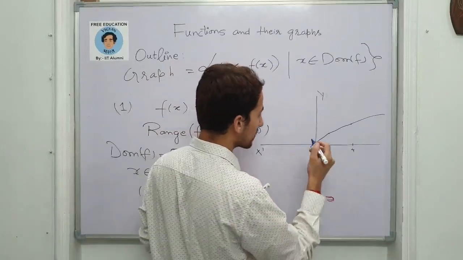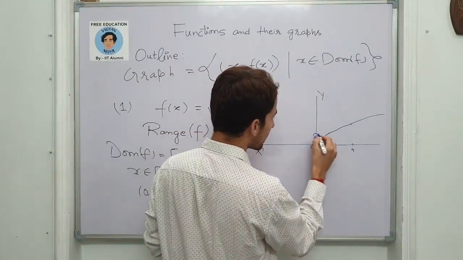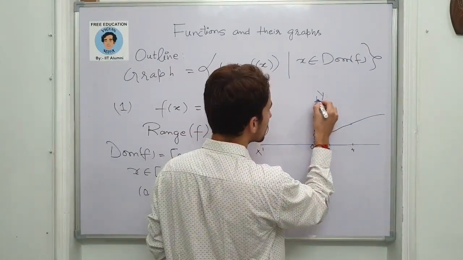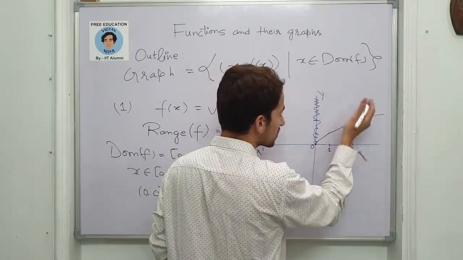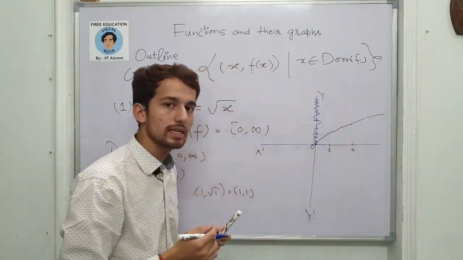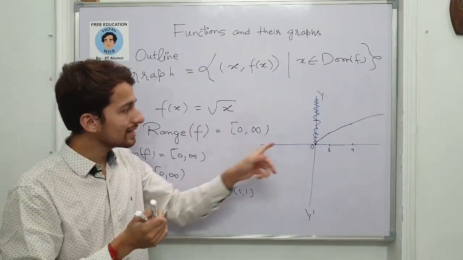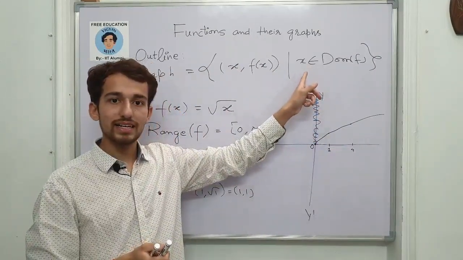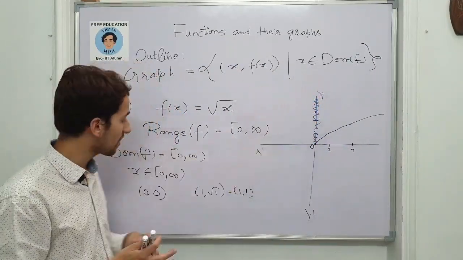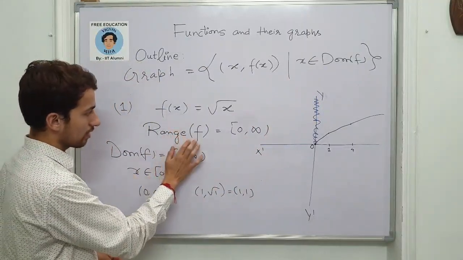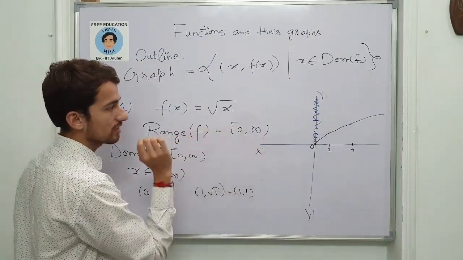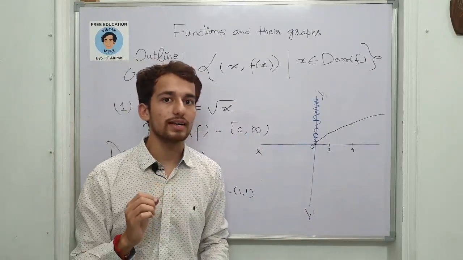So you see the y values are growing, because the graph is increasing in some sense. So it contains all the y values. That's why the range of this function is 0 to infinity. Fine. I hope you got it right.